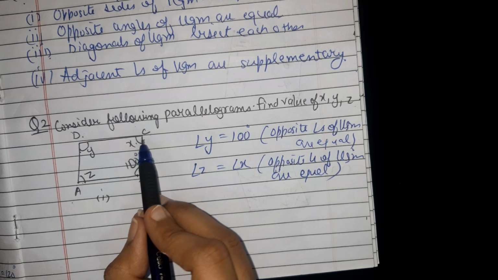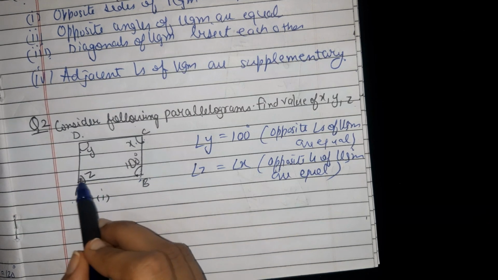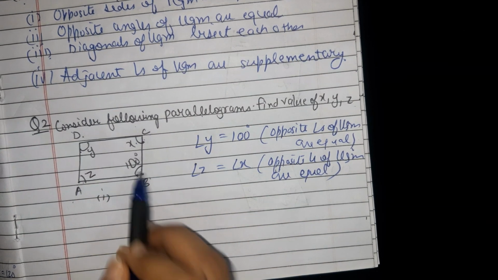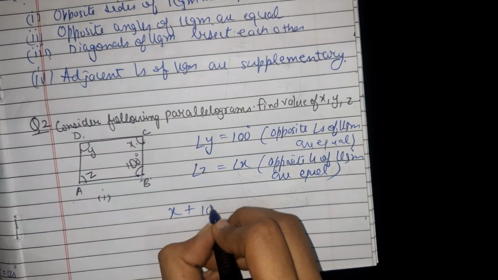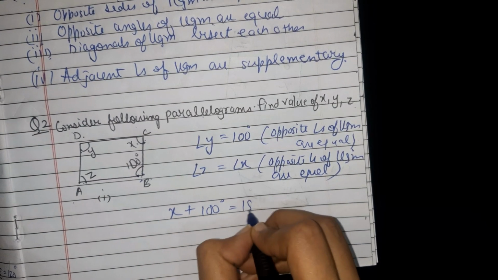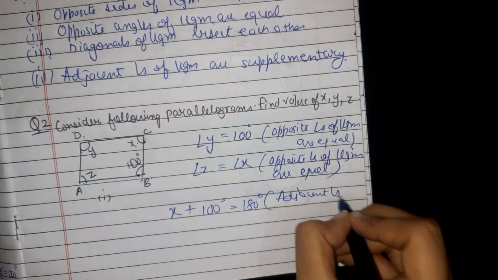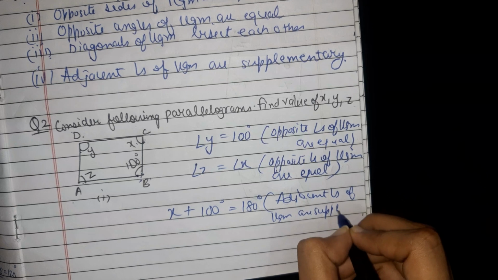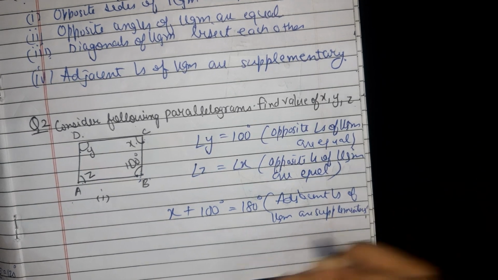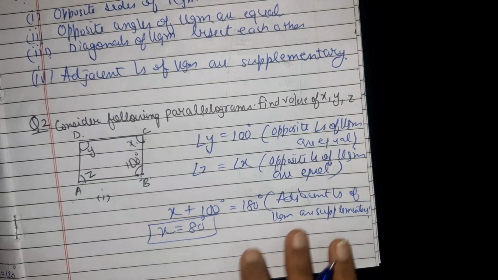You can take either angle x plus 100 degrees equals 180 degrees, or you can take z plus 100 degrees equals 180 degrees. So let's take angle x plus 100 degrees equals 180 degrees because the adjacent angles of the parallelogram are supplementary. So x will be equal to 80 degrees.